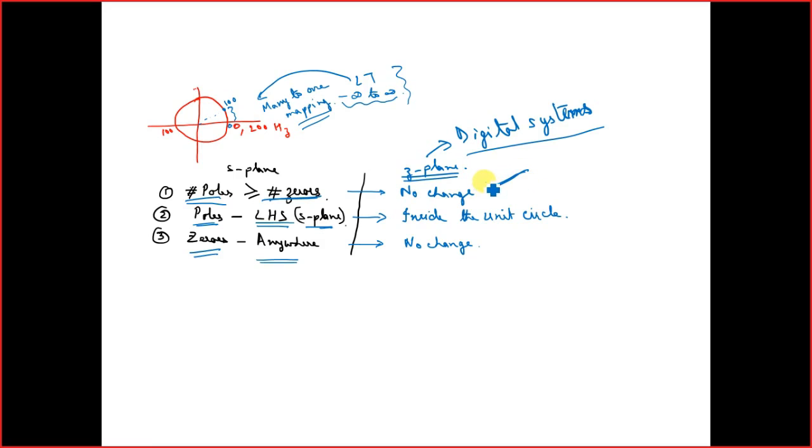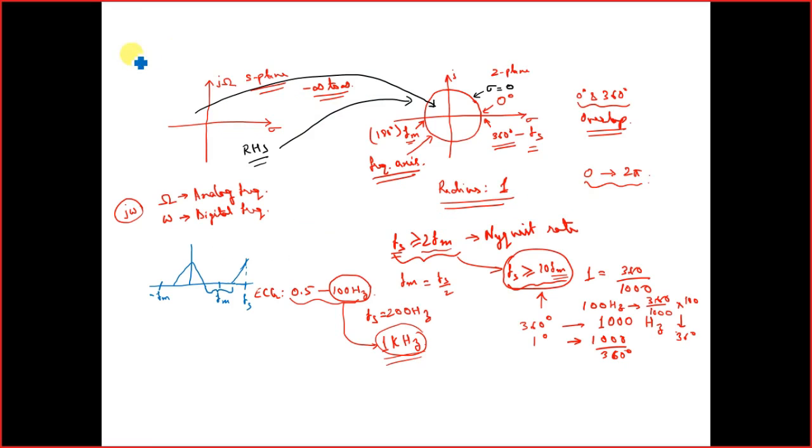In the digital system also, you have to keep in mind that the number of poles should be greater than the number of zeros. Second point, poles should be on the left hand side of the S plane. If we remember correctly, the left hand side of the S plane maps within the unit circle in the Z plane.